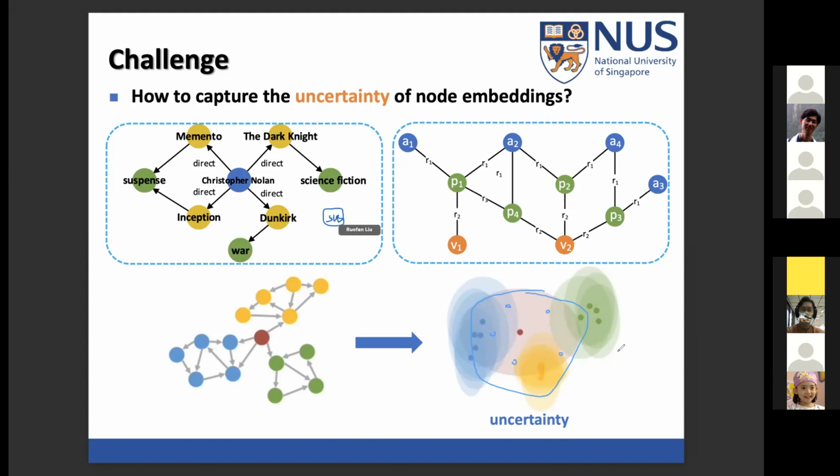So instead of having a fixed label, we might want to have some distribution. For example, this bar represents suspense, this is science fiction, and this is war. So in this way, it has a distribution. But this one is a discrete case, so you will have a discrete distribution. Once you want to represent it as a dense embedding, then you will have a continuous distribution.